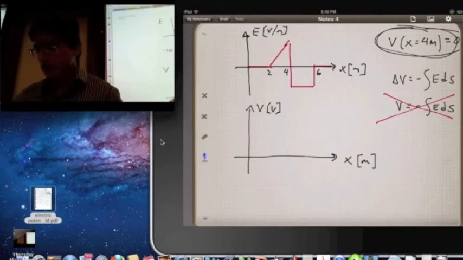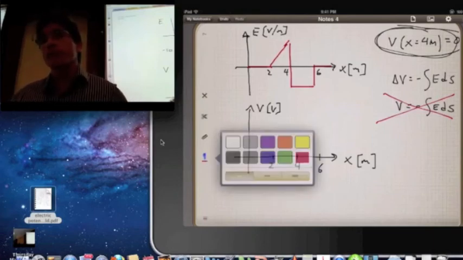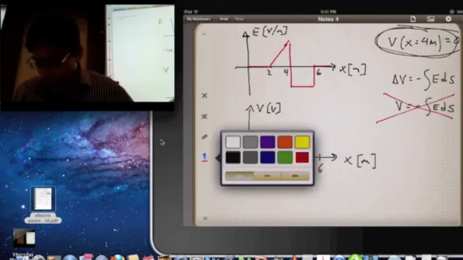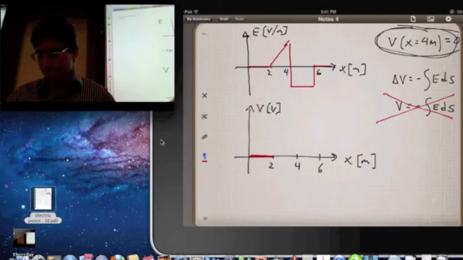Okay? So let me ignore that for a moment, and let's just start by this. The connection between the electric field and the potential is through the area, right? So between 0 and 2, the area under the curve should be the changing potential, right? So the area is 0, so between 0 and 2, I have 0. Okay? Between 2 and 4, the electric field is growing linearly.